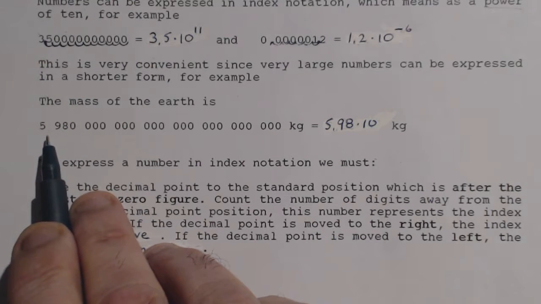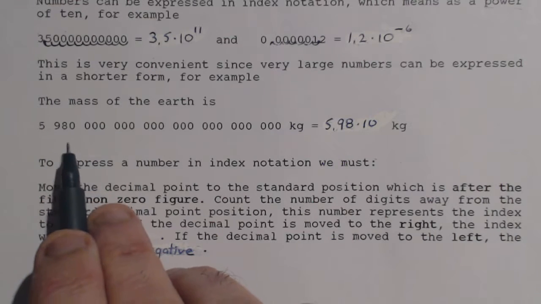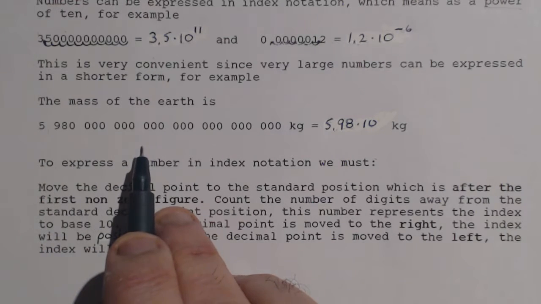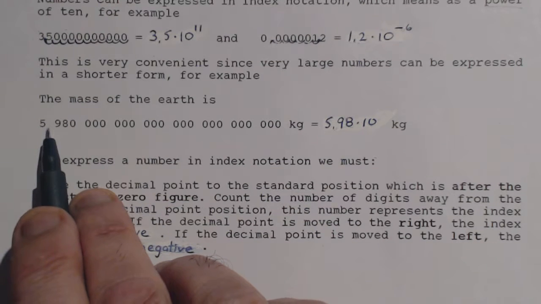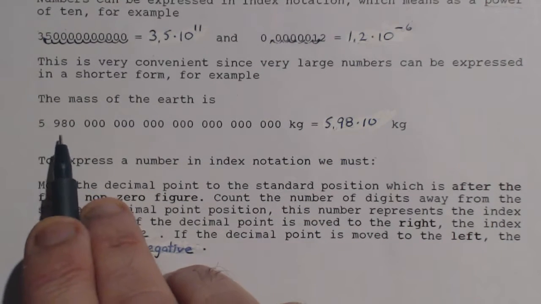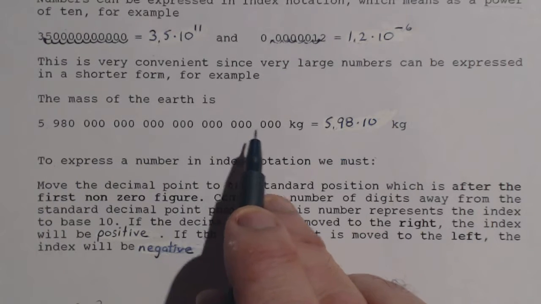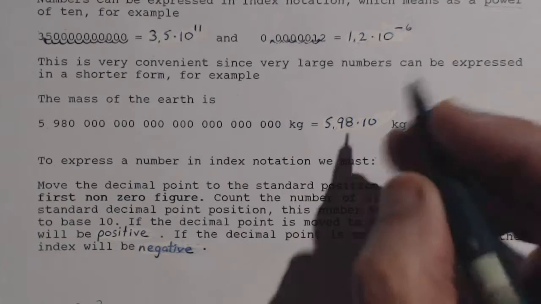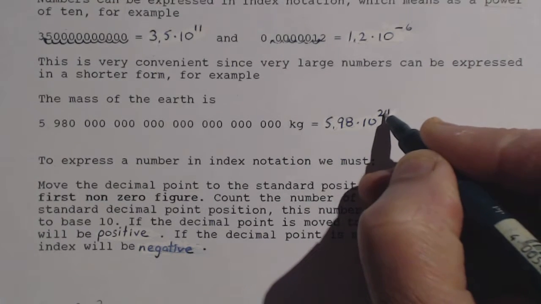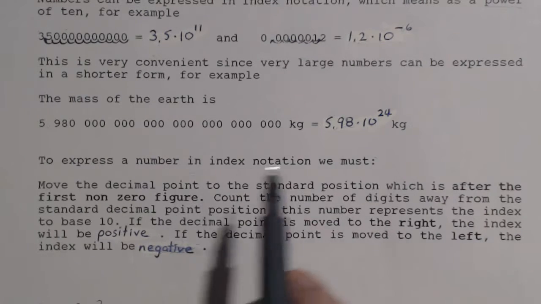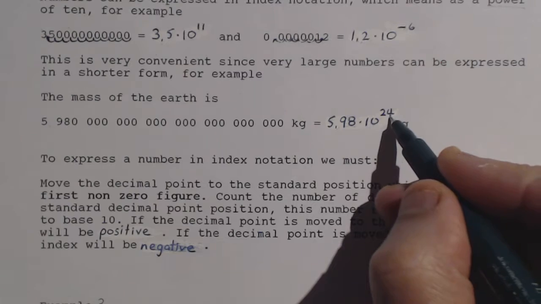This is easy to count because, as you can see, they are all in groups of 3. So how many groups of 3 are there after this decimal point? Let's count. There's 1, 2, 3, 4, 5, 6, 7, 8 groups of 3. 8 times 3, 24. So the mass of the Earth is 5.98 times 10 to the power of 24.